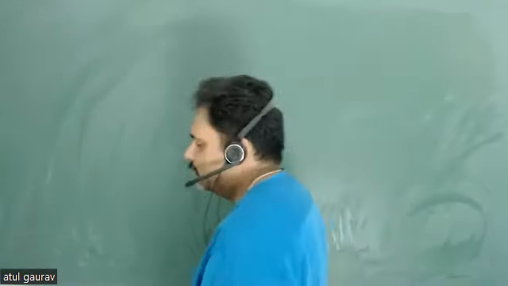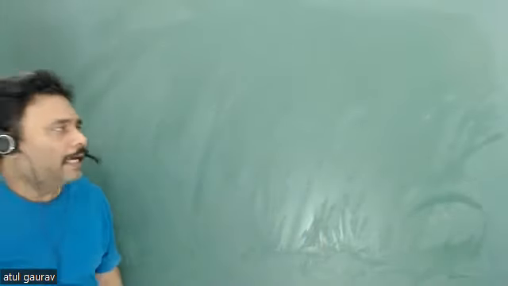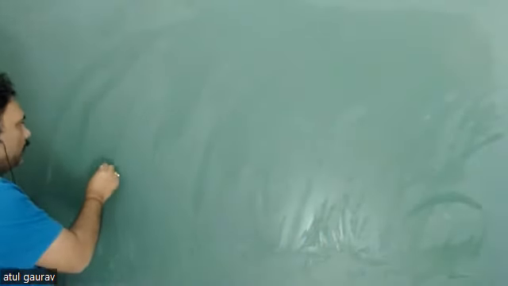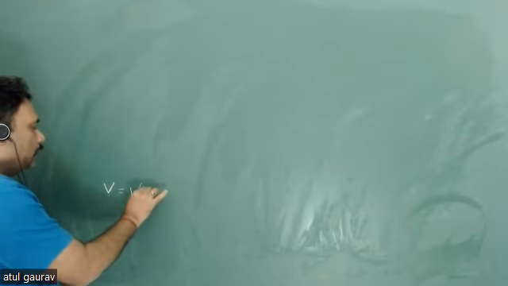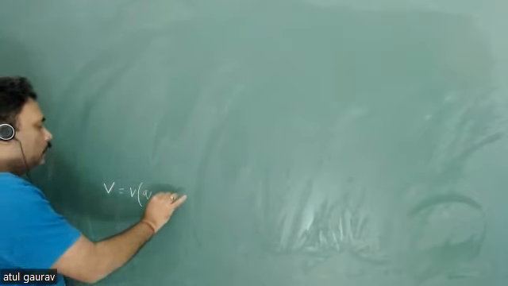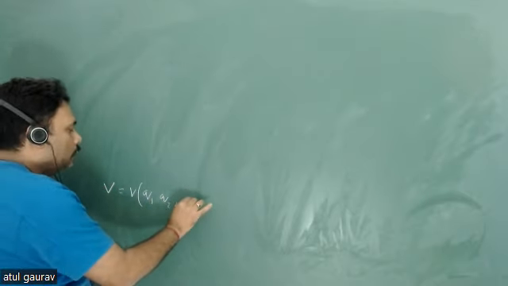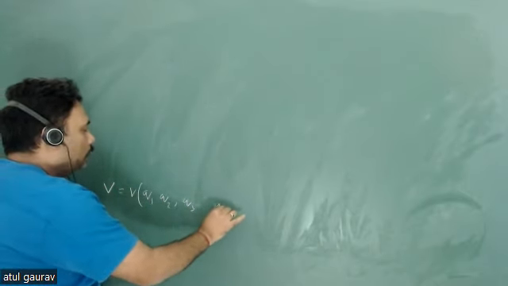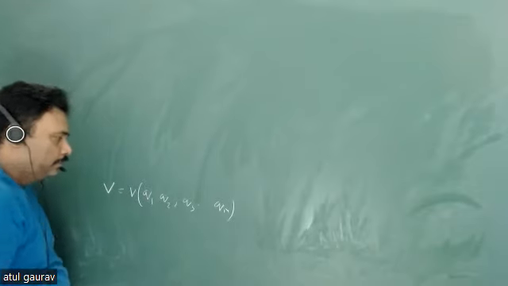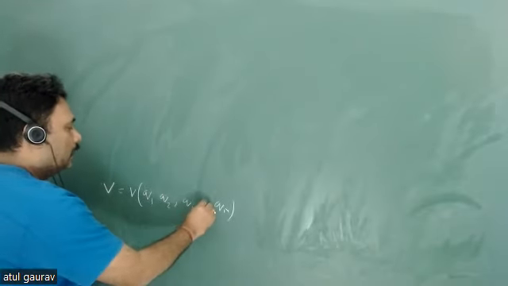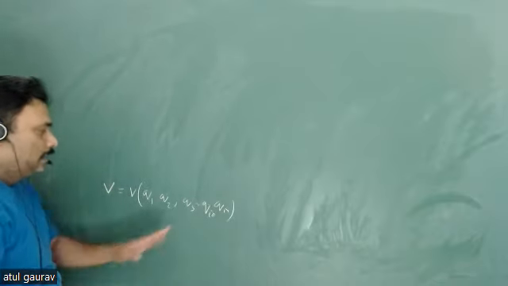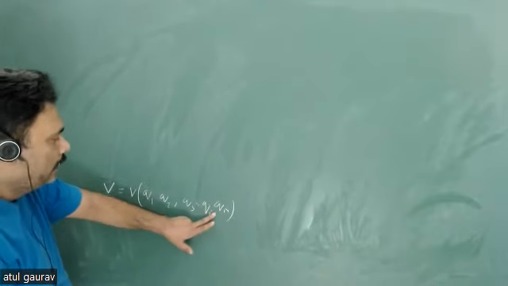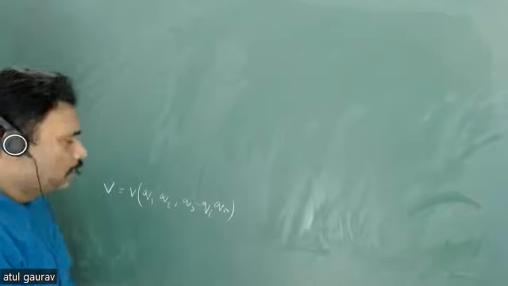So what is this general sense? You have a potential V which is a function of generalized coordinates Q1, Q2, Q3 up to Qn, and the ith generalized coordinate is identified as Qi0. So Qi is the ith generalized coordinate.